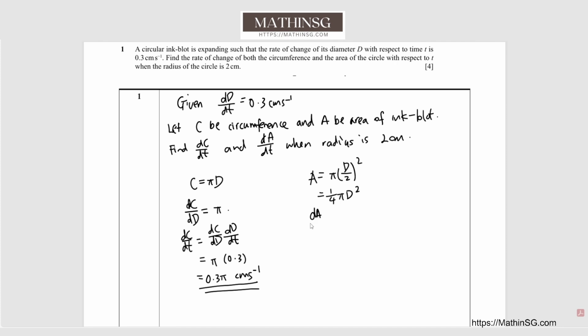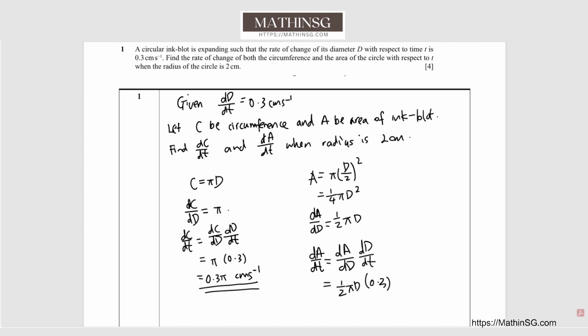So we have dA/dD equal to half pi D. Now that we have found dA/dD, we can find dA/dt by using the chain rule. So dA/dt equals dA/dD times dD/dt. dA/dD is half pi D, and dD/dt is given as 0.3.